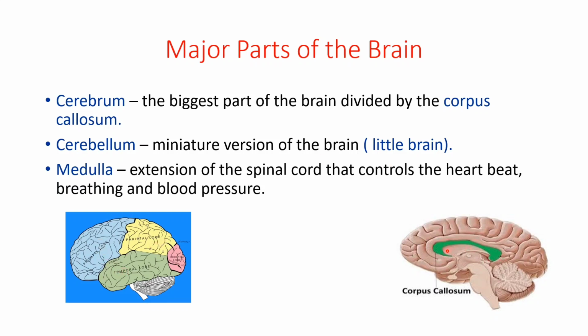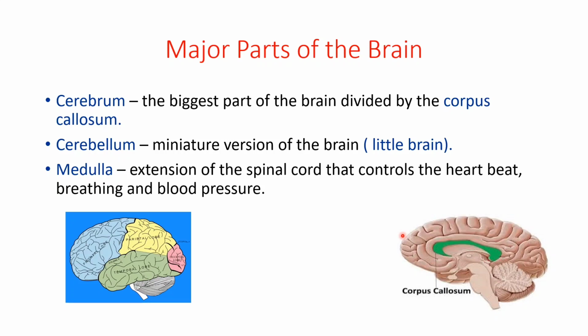And then, ito naman, yung corpus callosum, okay, yung kulay green. Pag hinati natin yung brain, left hemisphere and right hemisphere, at the middle of that, it is divided by the corpus callosum.